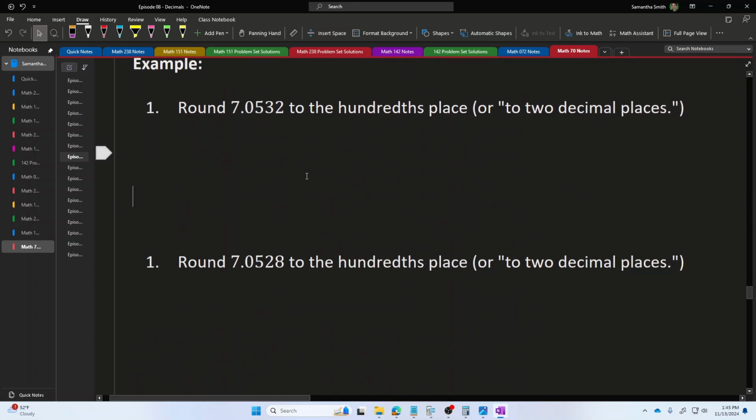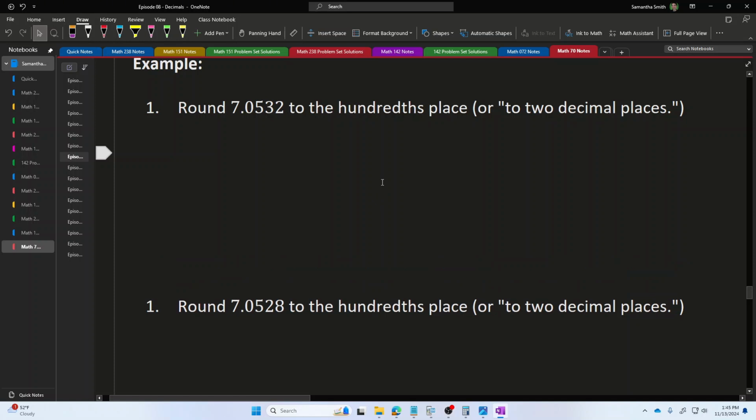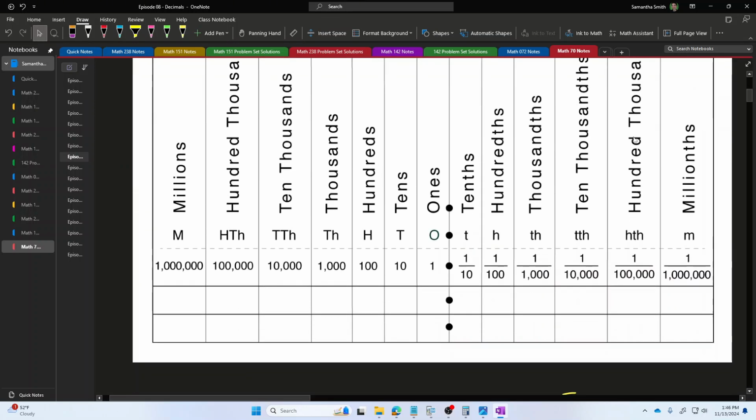Somebody says round 7.0532 to the hundredths place. So the first thing that I'm going to do is go into my value and locate the hundredths place. The hundredths place is located 2 steps to the right of the decimal point.